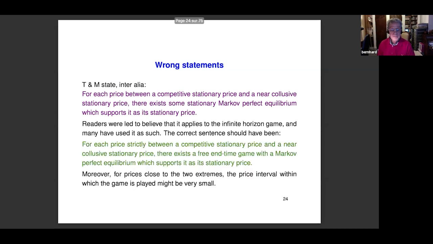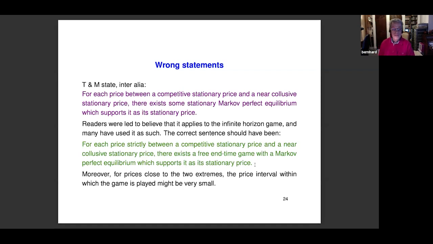Now, the correct statement is the following one. For each price strictly between these two prices, there exists a free end-time game with a Markov perfect equilibrium which supports it as its stationary price. But of course, the game you consider is a function of the stationary price you are considering.